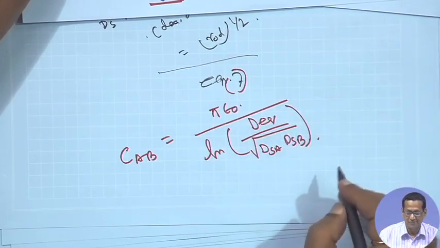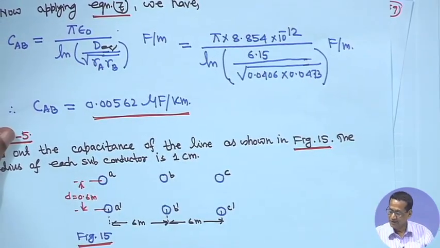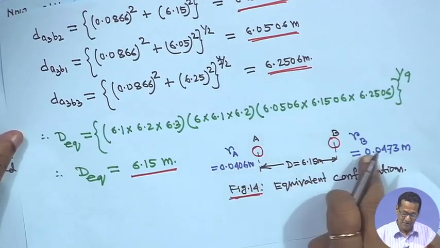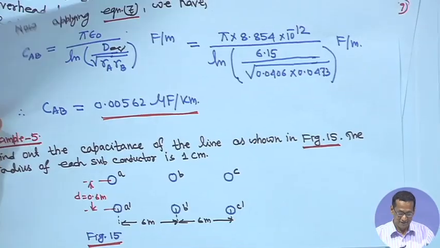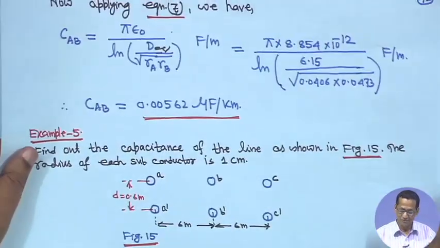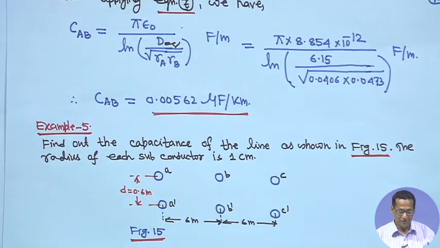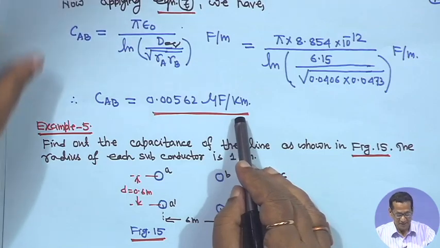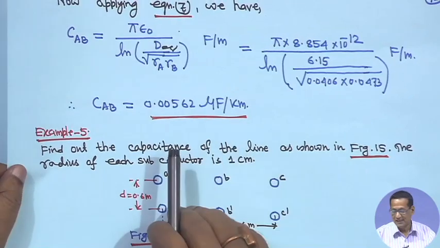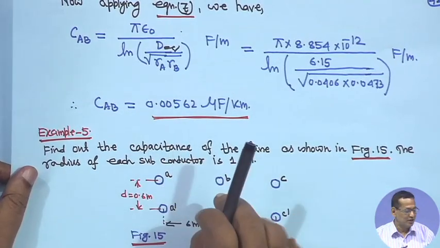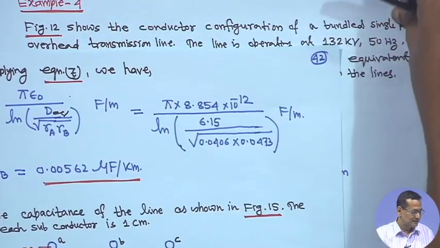That is why this is equivalent RA and RB, which is nothing but this is DSA and this is DSB. Therefore, if you make this one you will get 0.00562 microfarad per kilometer. I hope you have understood this. You should be careful in calculating all the distances correctly.